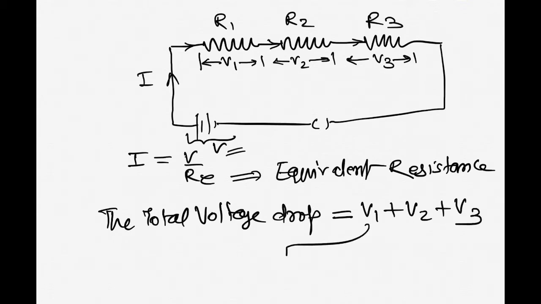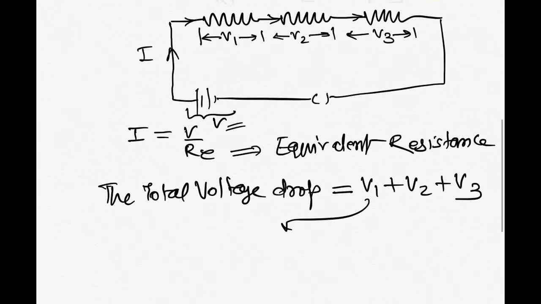Now these individual voltage drops can again be calculated by applying Ohm's law to specific resistors. To find the voltage drop across R1, where the current in the circuit or through that resistor is I, V1, the voltage drop across R1, will be IR1.